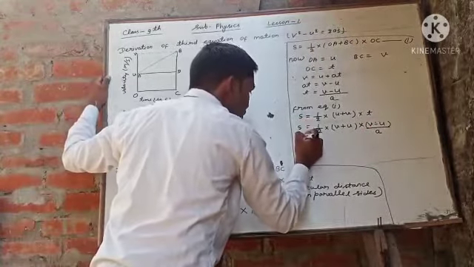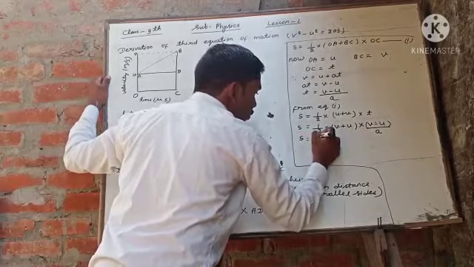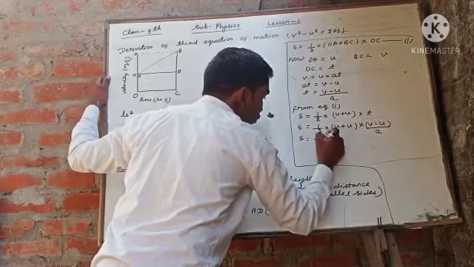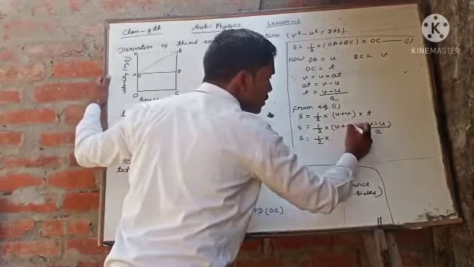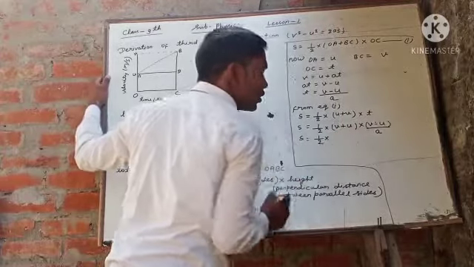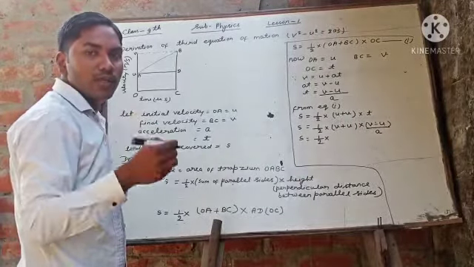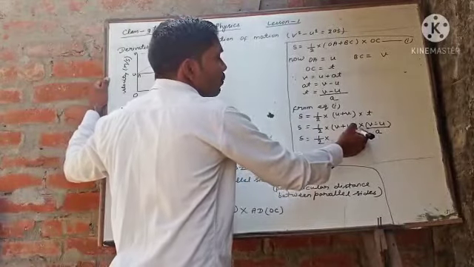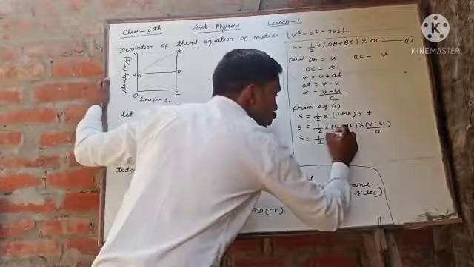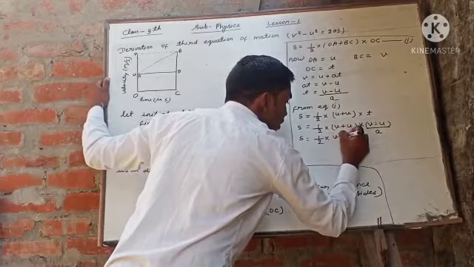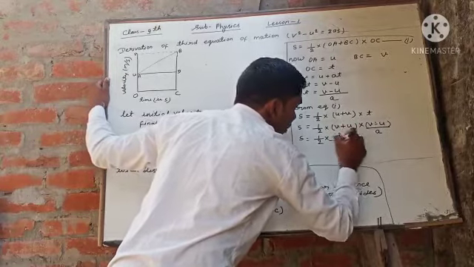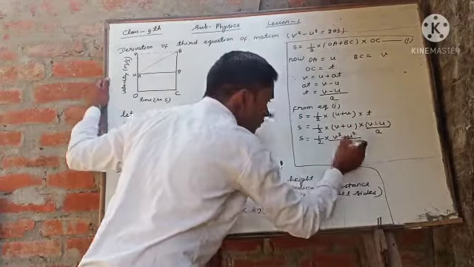Now s is equal to 1/2 into v plus u into v minus u, and as we know that a plus b into a minus b is equal to a square minus b square, here also v plus u and v minus u will give v square minus u square upon a.